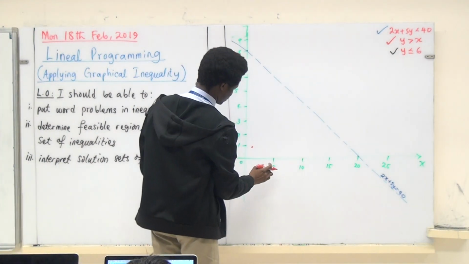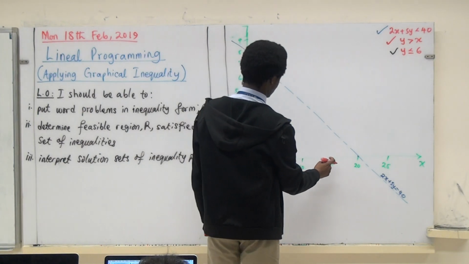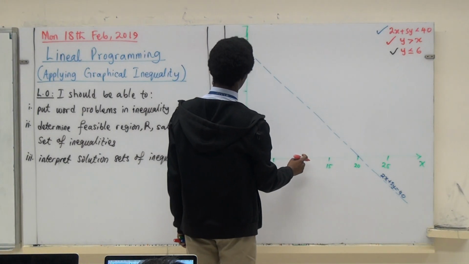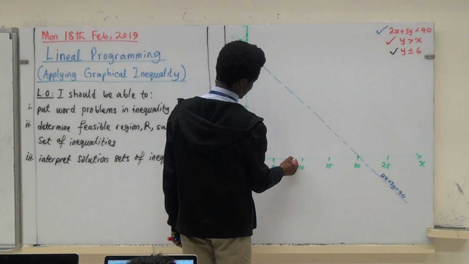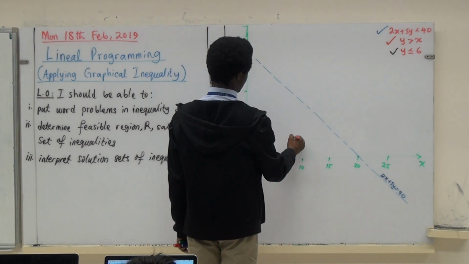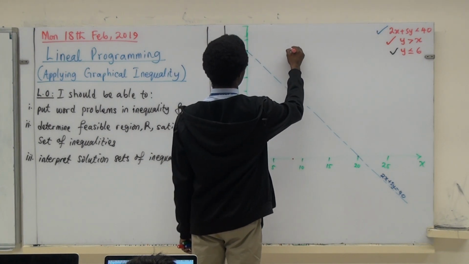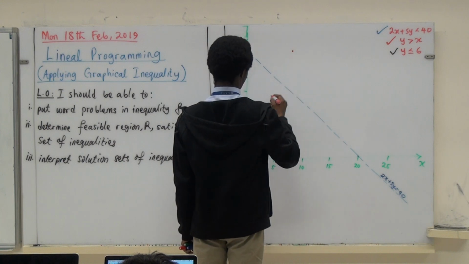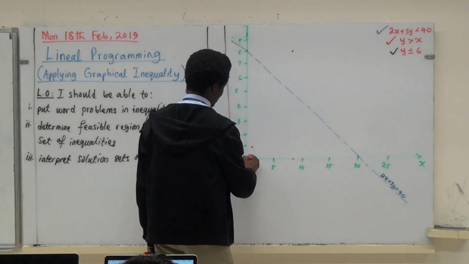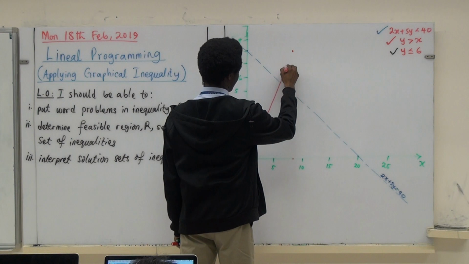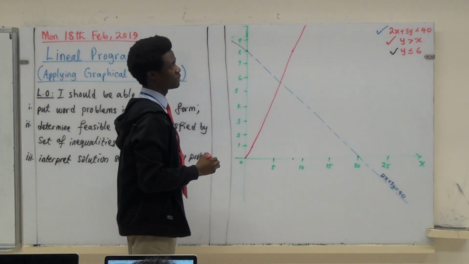That's it. Alright, so I pick, maybe, I don't want to use 15. So I use 8. So I pretend this is 8. Then y is 8, should be somewhere here. Then we draw a straight line, and it's going to start from 0, something like this.